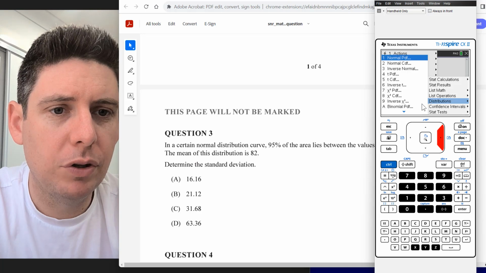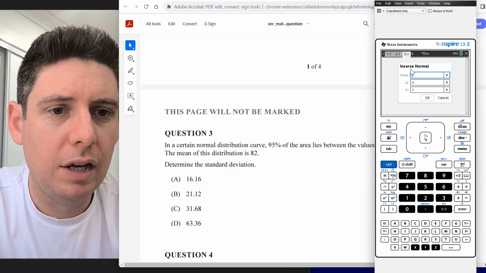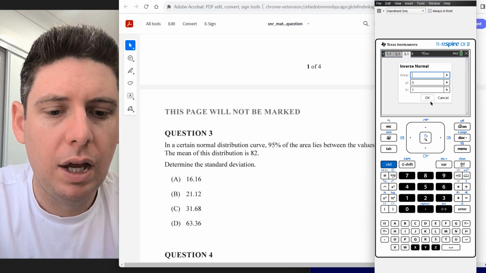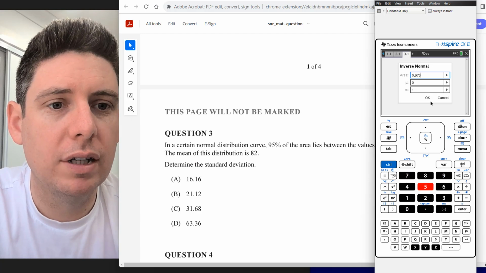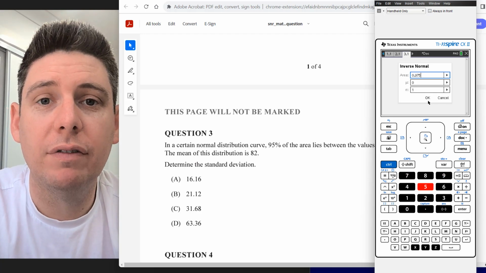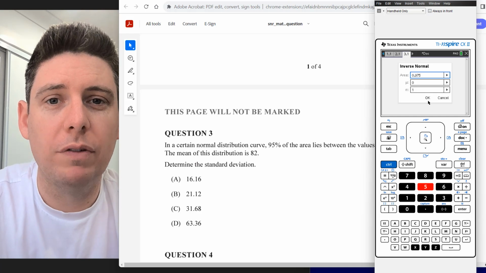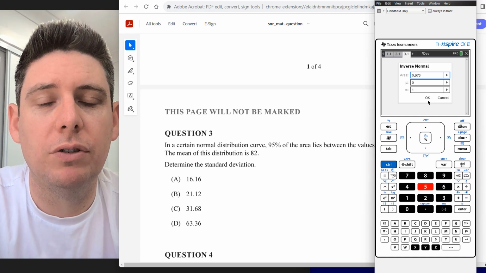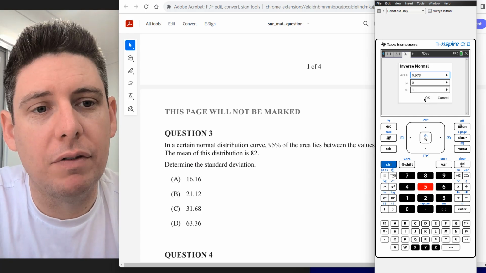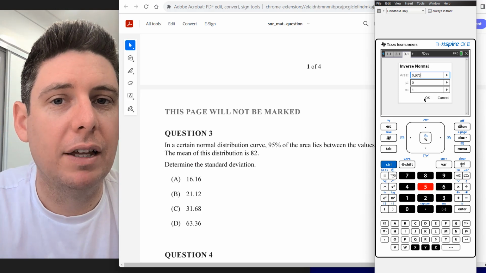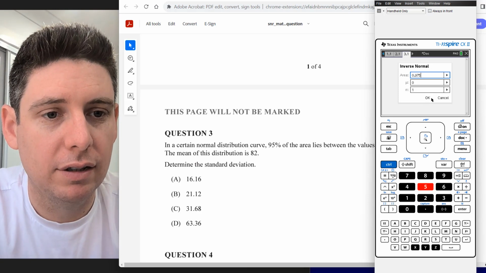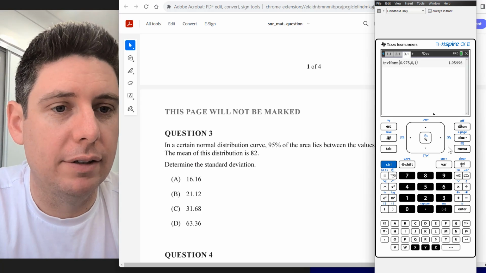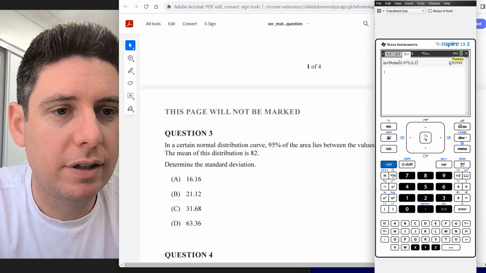Statistics, distributions, inverse normal, and the area is 0.975. So there's a 2.5 on either end of the normal distribution, 0.975. So that's including the bit that's cut off at the start, the 2.5%. And so hopefully you've memorized this.